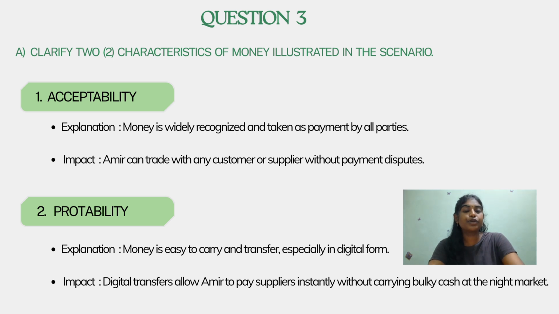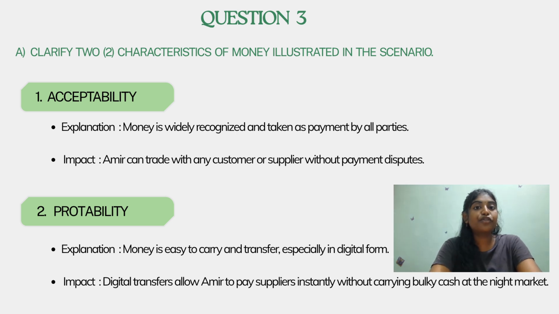So let's move on to question 3a, which is to clarify two characteristics of money illustrated in the scenario. The first point is acceptability, which means money serves its purpose because both Amir's customers and his supplier agree to accept it as payment for goods and services.